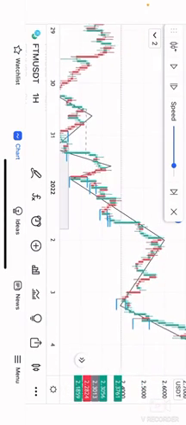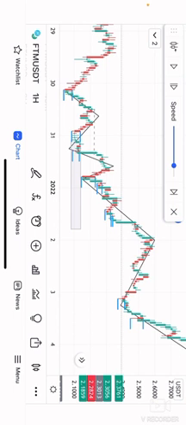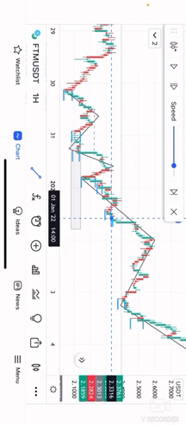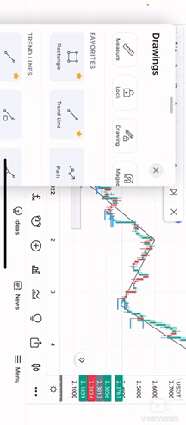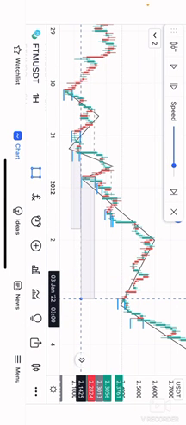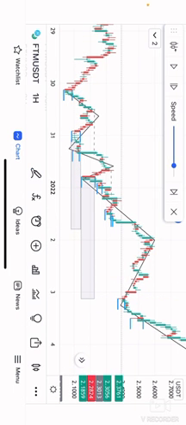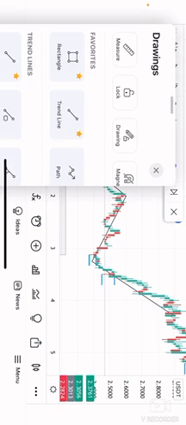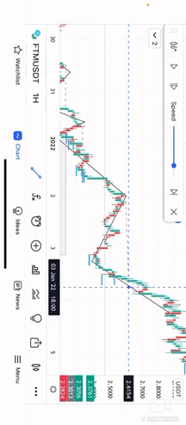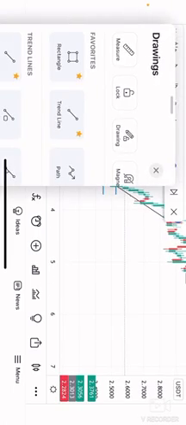This one too, it broke market structure here. So you can see this order block is a valid demand zone. This one too, it breaks market structure. Then you can look for your order block here.